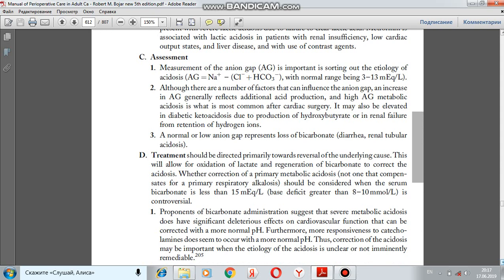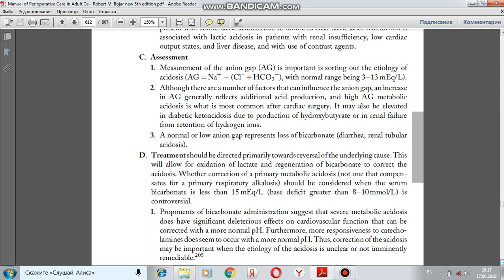C. Assessment. Measurement of the anion gap is important in sorting out the etiology of acidosis, with the normal range being 8 to 12 milliequivalents per liter. Anion gap is equal to sodium minus chloride and bicarbonate. Also, there are a number of factors that can influence the anion gap.